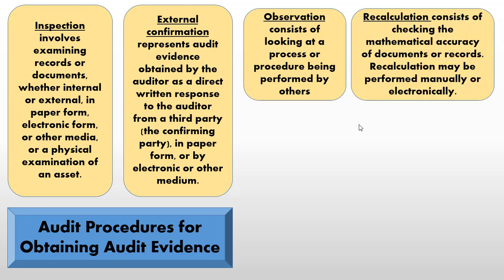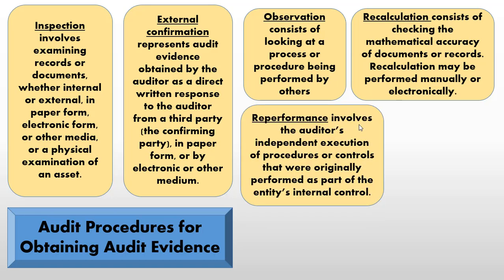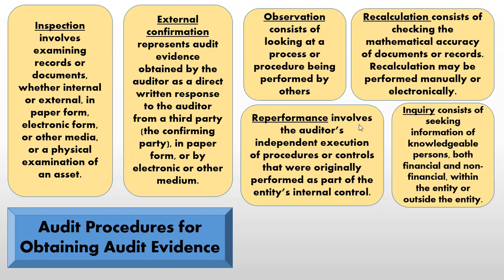Recalculation consists of checking the mathematical accuracy. It can be performed manually or electronically. Reperformance is an independent execution of procedures conducted by the auditor to test whether the controls have been executed based on the entity's internal control and policies.